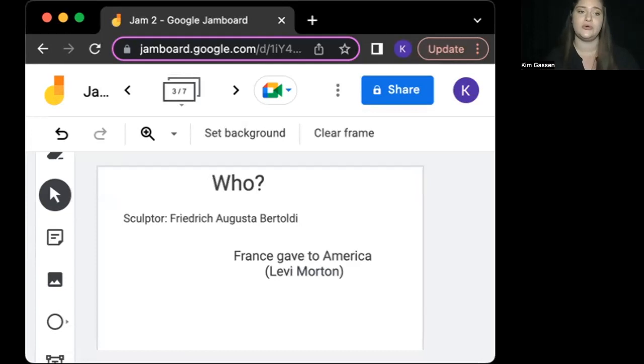The person who gave it to us was the American minister to France, or it was given to the American minister to France, Levi Morton, who became vice president later on, in Paris on the 4th of July in 1884 as a gift from the country of France. Levi Morton then had it separated into smaller parts, and then it was shipped to New York City and rebuilt. So, who currently has it? The United States of America.